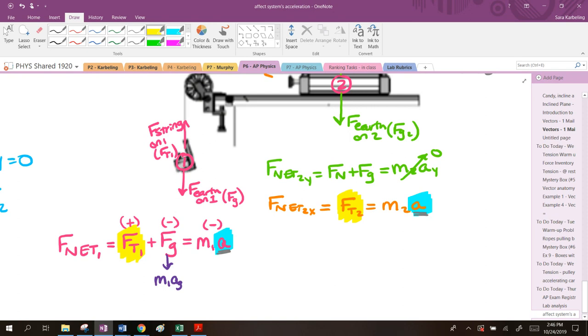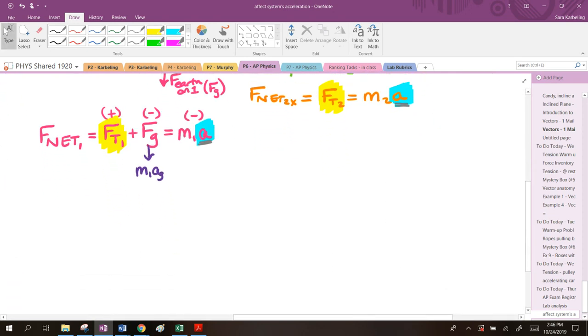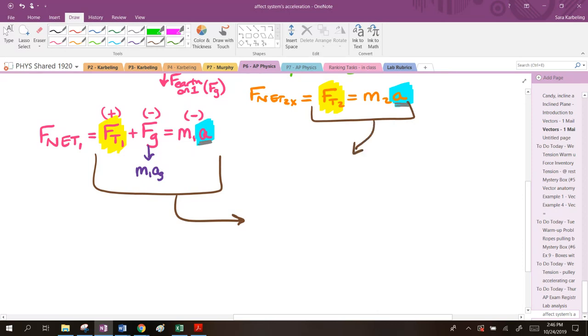Right now I have two equations and two unknowns. The only one I really want to know is acceleration, so I'm going to put it all together. You guys come with me on this little adventure. We've got M2 times acceleration, so that is F_T.